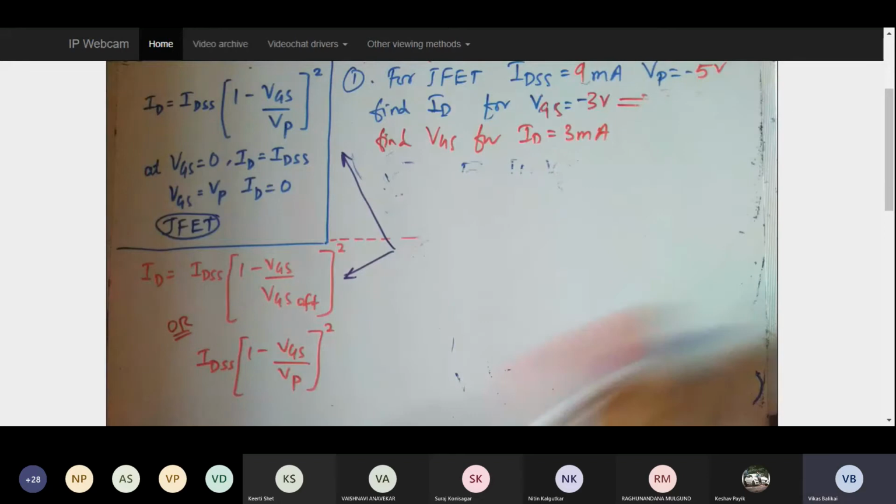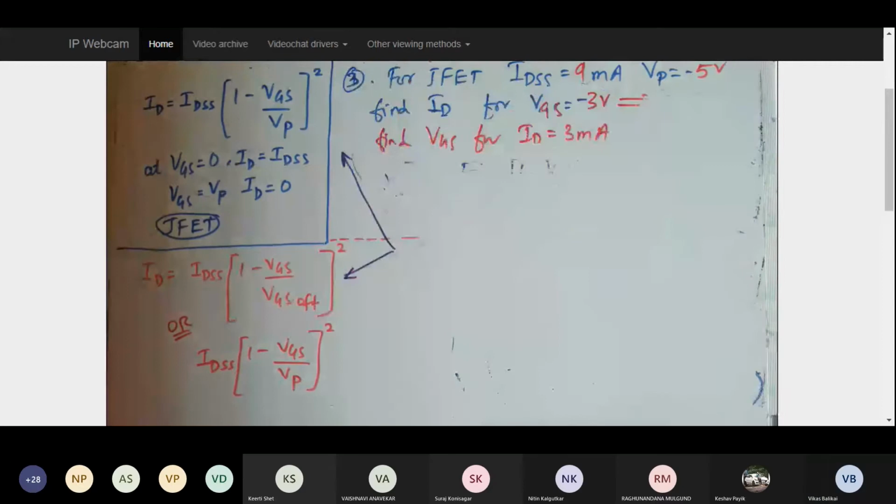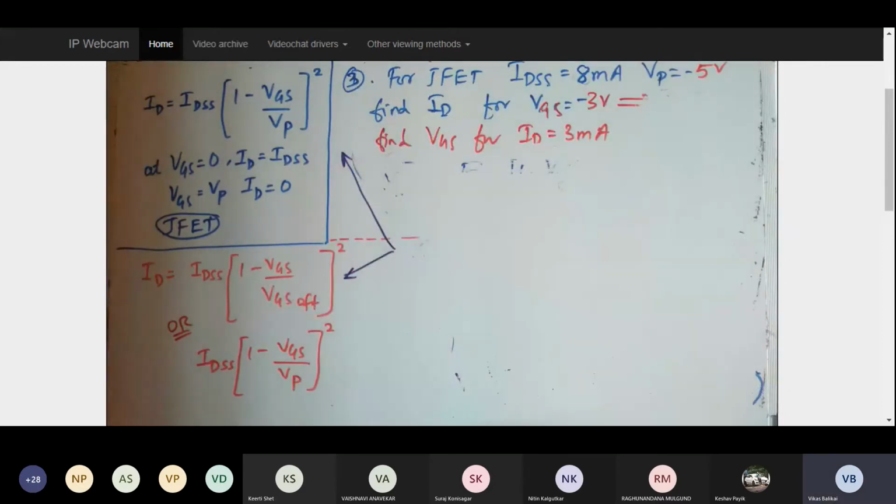For a JFET, IDSS is equal to 8 milliampere, VP is equal to -5. Calculate ID for VGS equal to, sorry, this is what we just did.